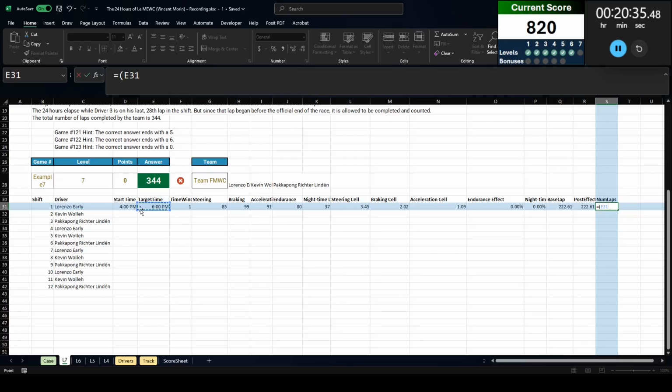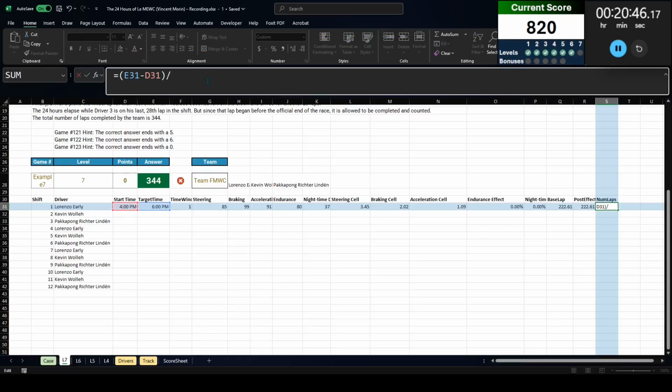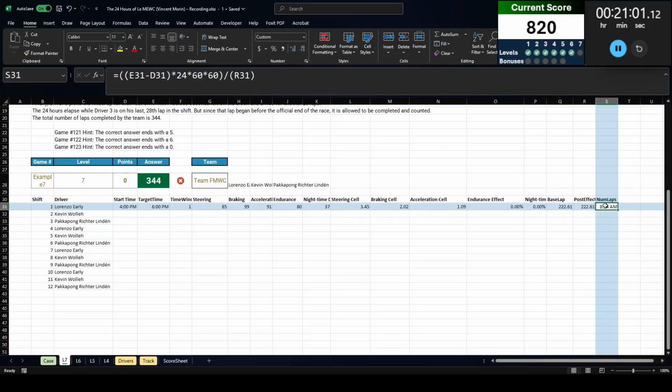So this minus. I know this is going to change because it start. Well, actually, no, that might be okay. Okay. Right. Take that divided by. This is the number of seconds, so we need to. No, we need it. We can turn this into seconds. So that is the number of days times 24 hours times 60 minutes times 60 seconds divided by the number of seconds here. Let's turn that into a number.